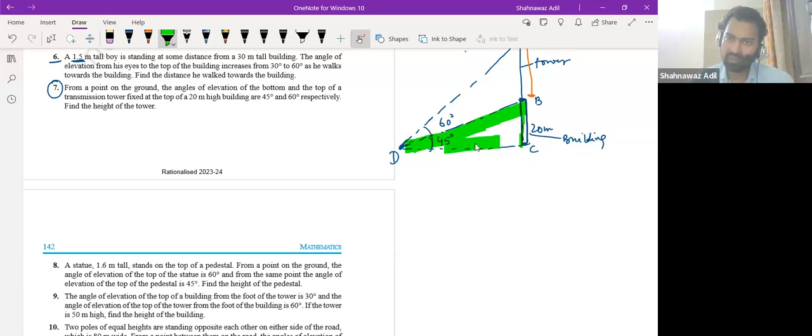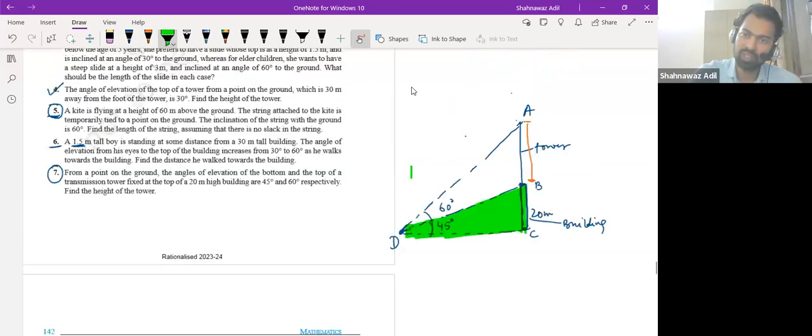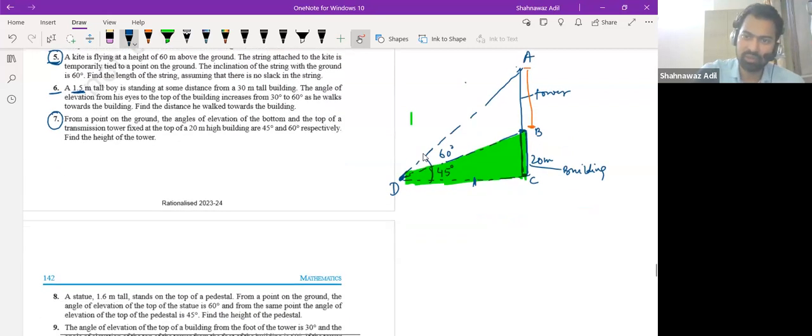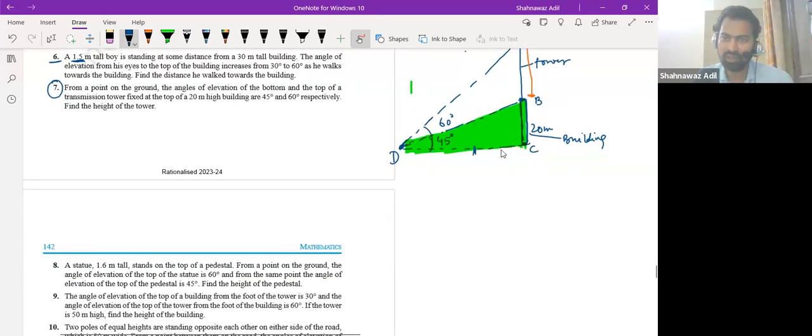In both calculations, which one is the common distance? DC. DC is common for both triangles. Very good, Aisha. So first we have to find DC.